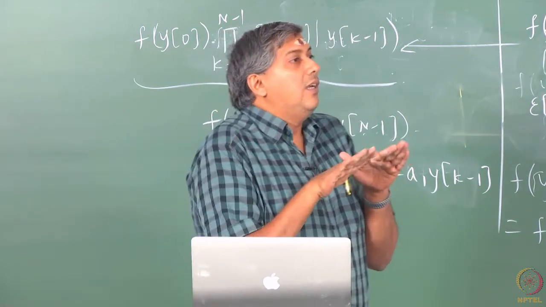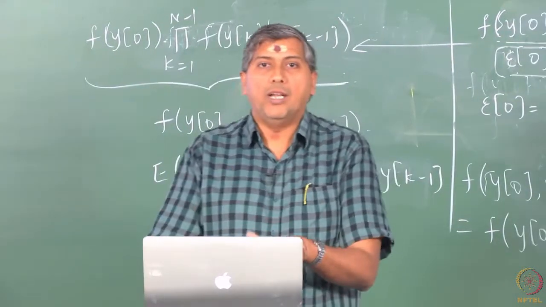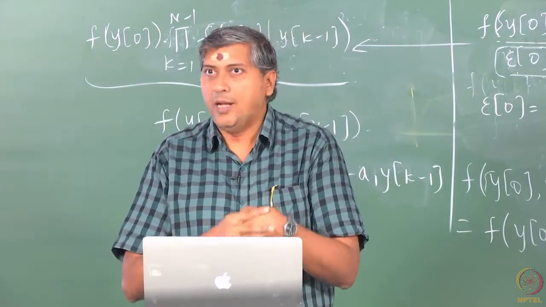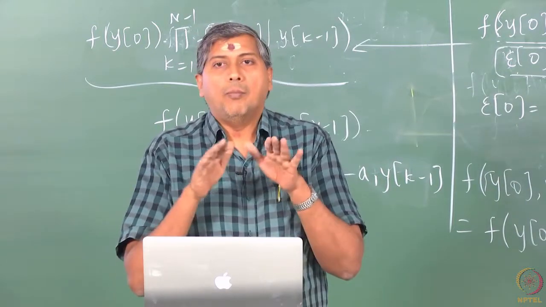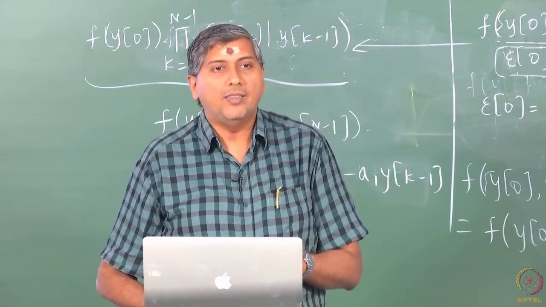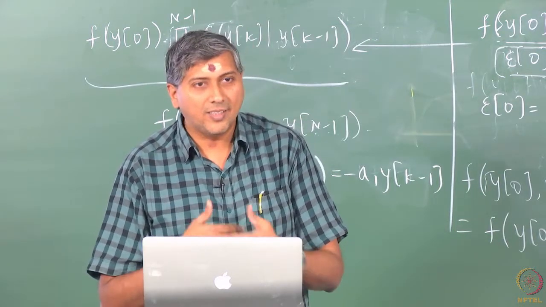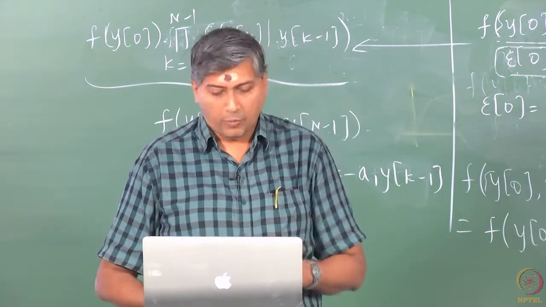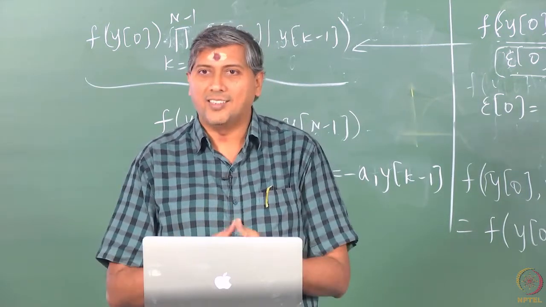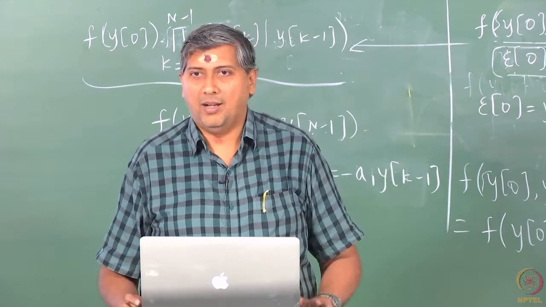Although ARIMA is solving an MLE problem for you, by default, if you do not say anything, it will solve a lighter problem. Minimizing CSS is a lighter problem. If you want a slightly more rigorous problem to be solved, then it solves unconditional sum squares. If you want to solve the full MLE also, it is possible.